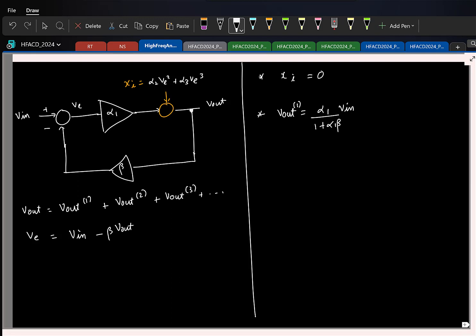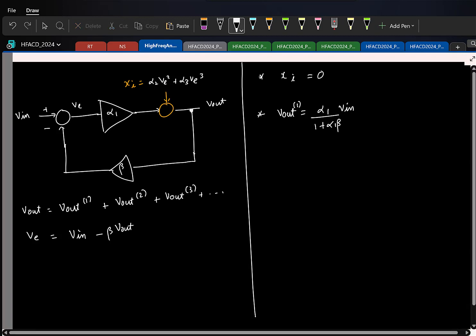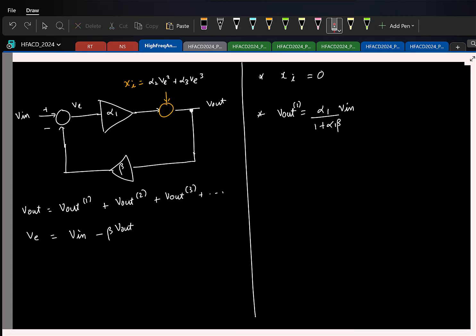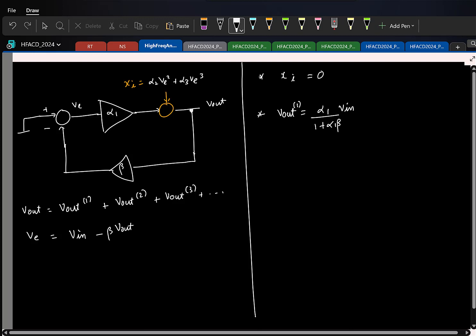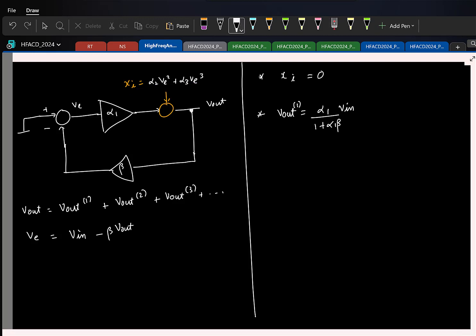So now I'll start computing the nonlinear terms. For finding the nonlinear terms, the input is shorted. So let me short the input. The xi I have to add is this: xi is alpha 2 V square plus alpha 3 V cube, right? I have found only V out 1 now. My goal is to find V out 2 next.